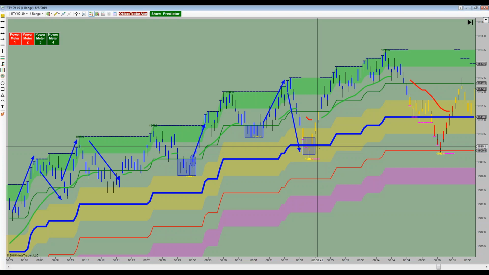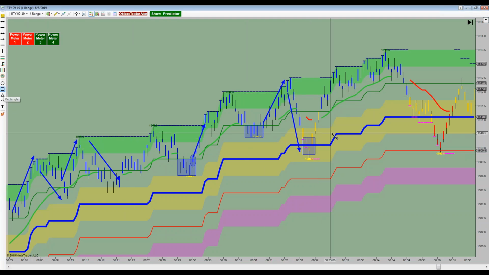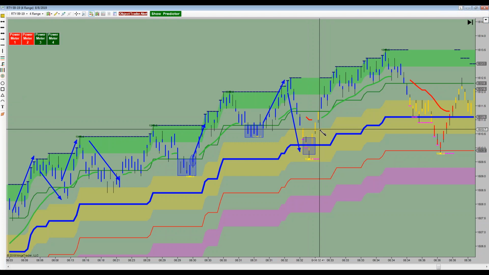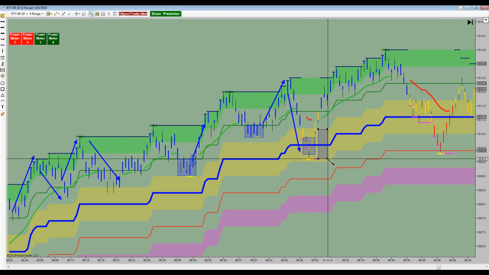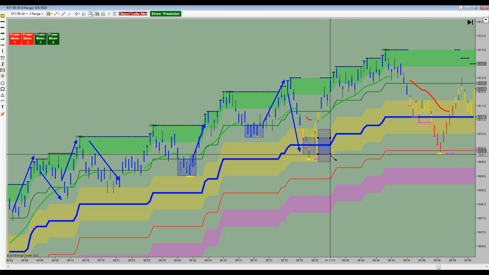So by definition then, a midband trade is defined as when the bars enter into this zone right here. And let me explain it like this. In my personal humble opinion, these are trades that I really like every morning, and they're very high success rate trades.